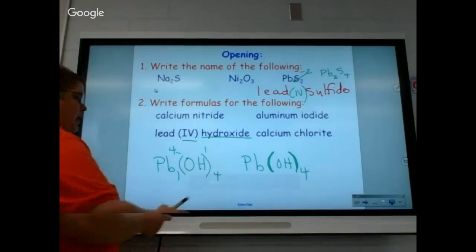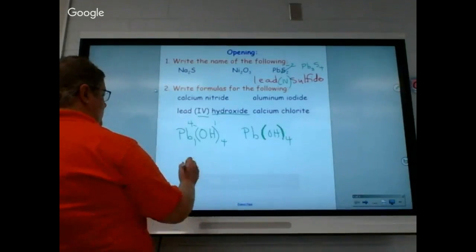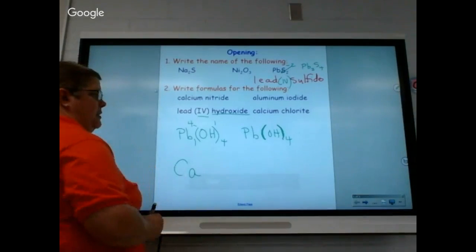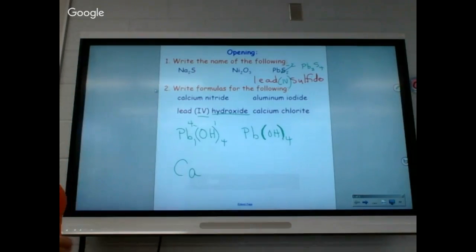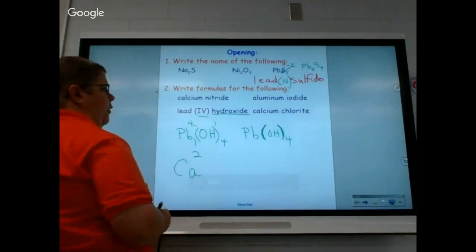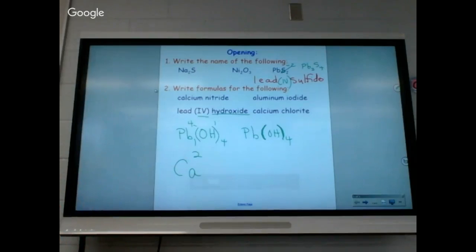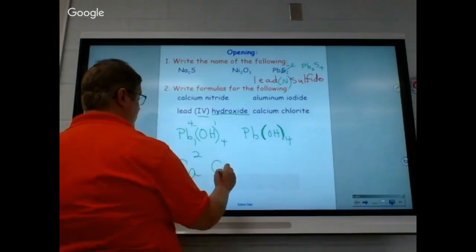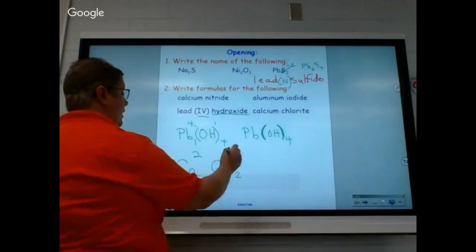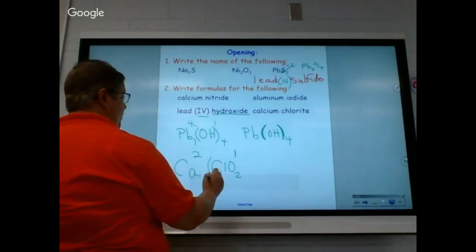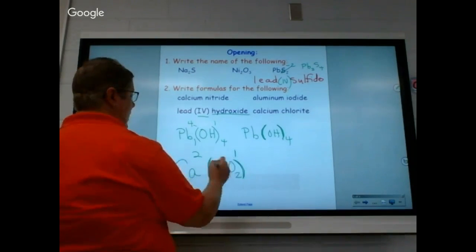All right. And the last one, calcium is Ca. Its oxidation number is a what? A 2. Chlorite. What's chlorite's formula? All right, ClO2 and a -1 charge. So I'm putting parentheses around the polyatomic ion.